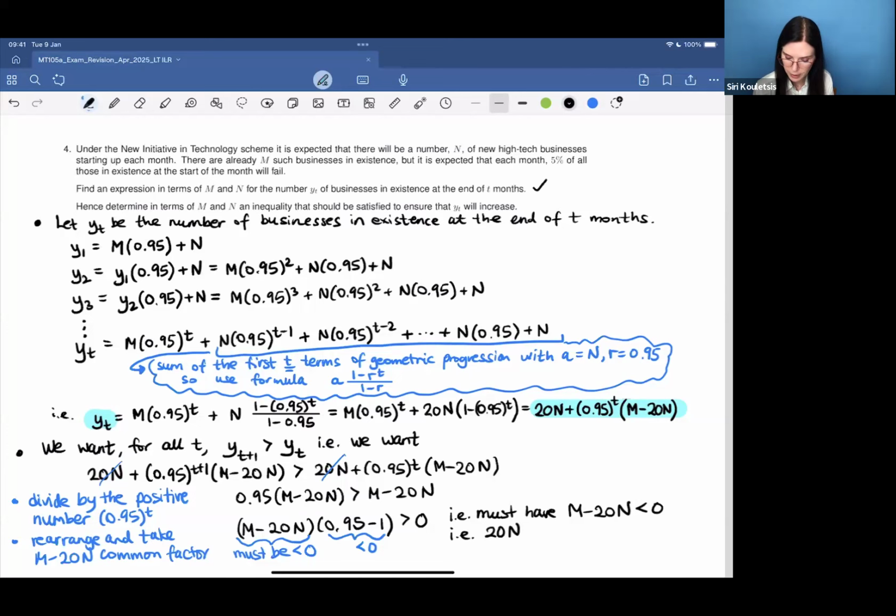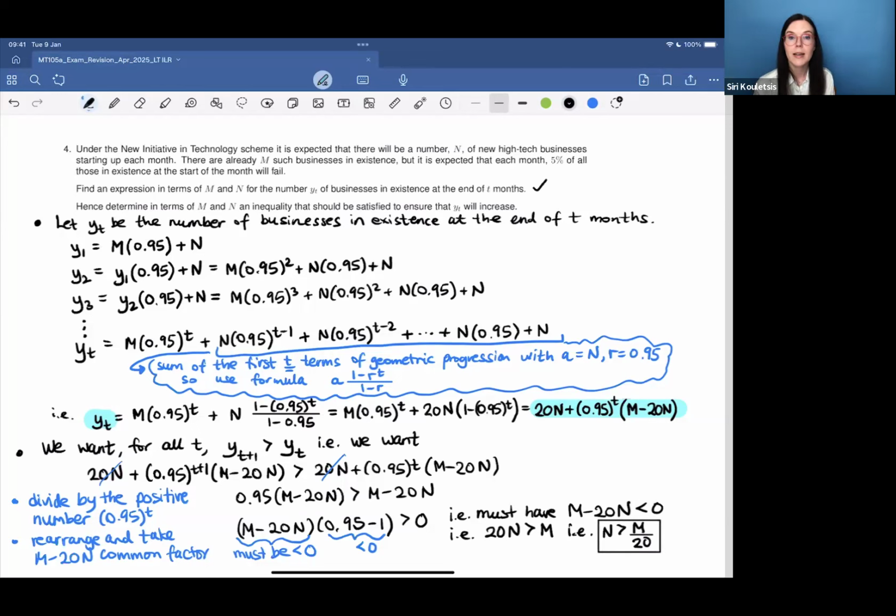In other words, 20n must be greater than capital M. And if we now divide both sides by 20, we have that n must be greater than M over 20.